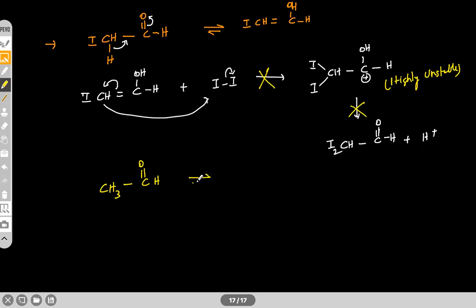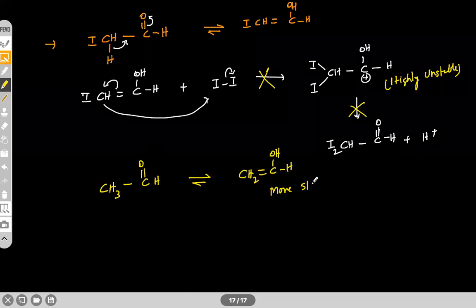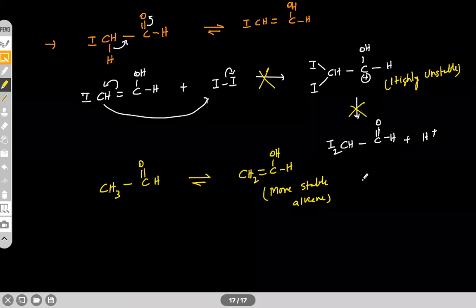For acidic medium reaction, we'll write down the enol form, means we are writing down the alkene here, like this. So we always try to write the most stable possible alkene when the medium is acidic, and then we consider the reaction here. Always keep that in mind. More stable alkene we'll write down here.